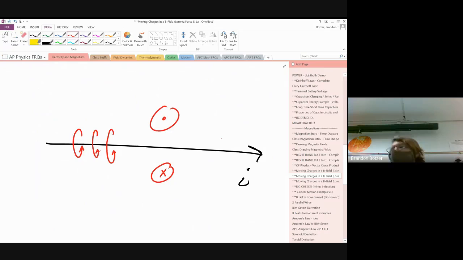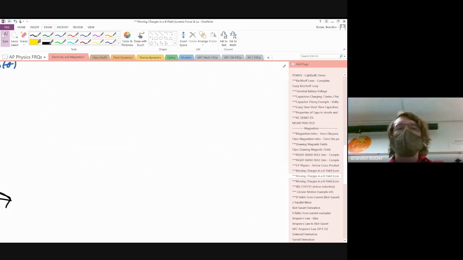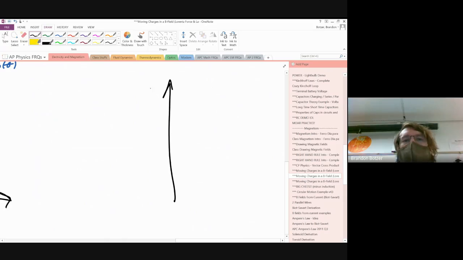So now you can ask mean questions like this. Here's a current-carrying wire. A positive charge moves with a velocity towards it. What direction is the force going to act?